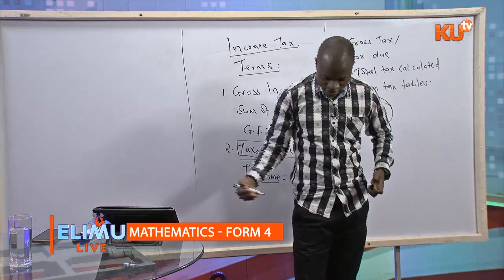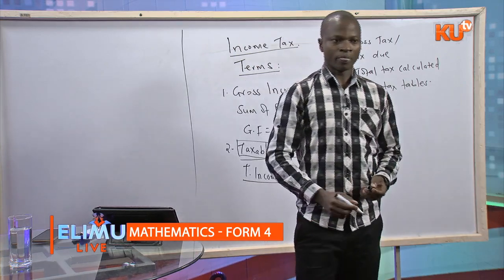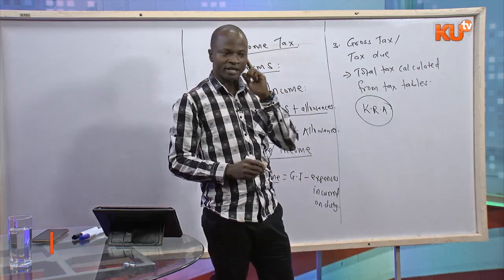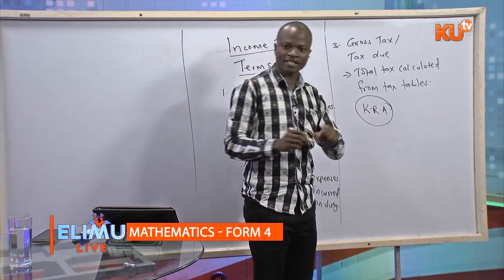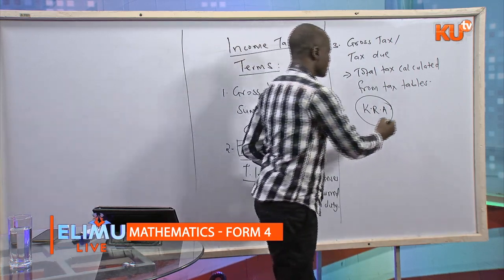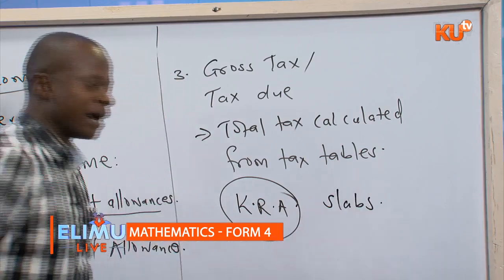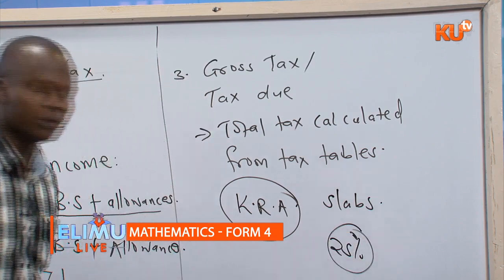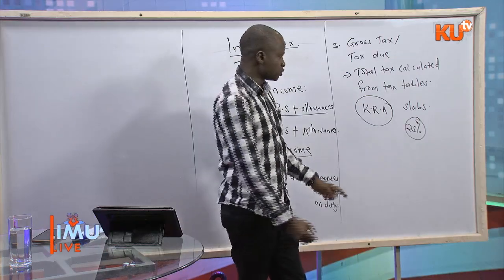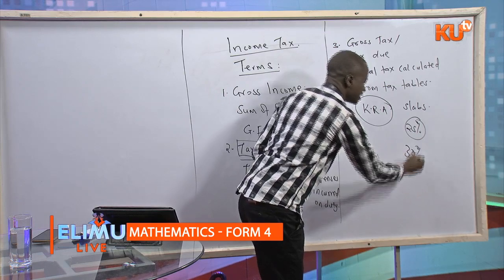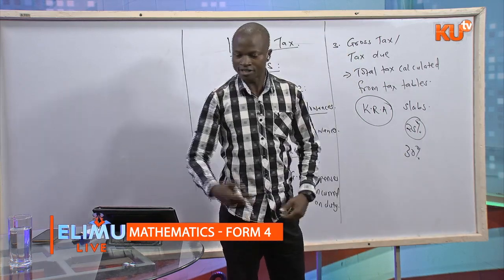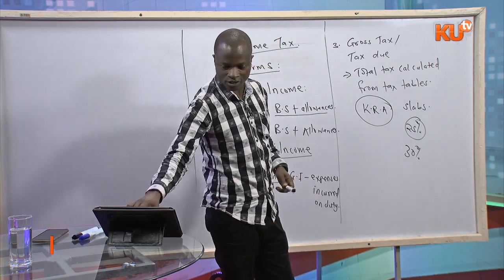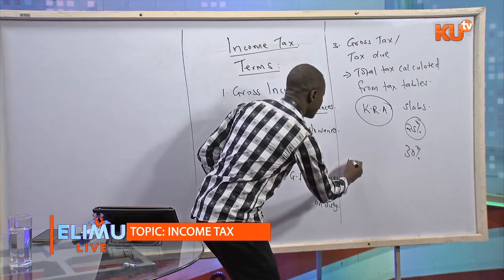For example, in the recent past, like 1 or 2 weeks ago, because of the COVID-19 pandemic and its effects, the government instructed KRA to revise their tax bands or tax slabs so that the maximum one can pay is 25%, depending on how much you earn. Initially, it used to be a maximum of 30%, but it has been revised recently, as we shall see in some of the examples.